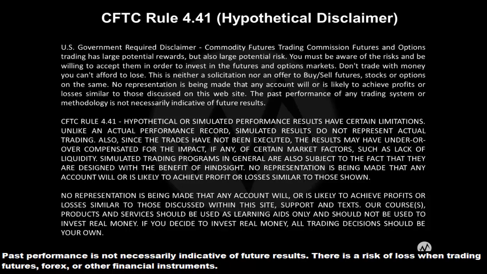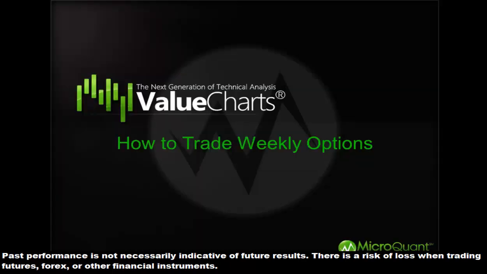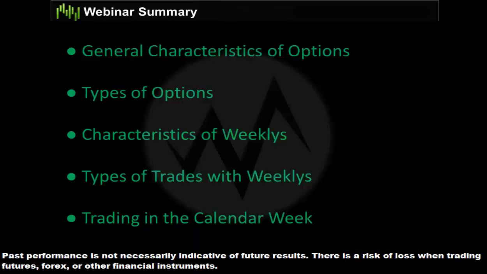Okay, now moving on to the topic of tonight's webinar, how to trade weekly options. Again, what I'm going to be talking about are first the characteristics or traits of options that control the price of these options. The types of options that we trade, there are only two, puts and calls.